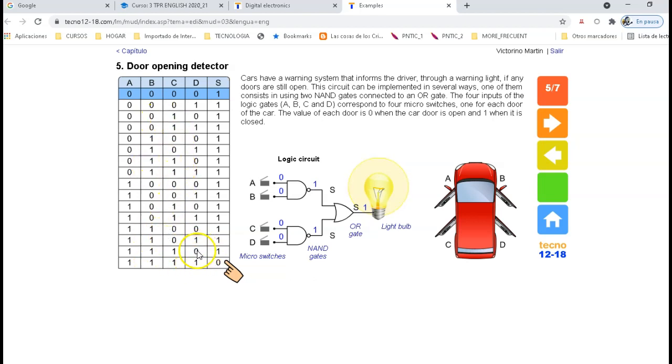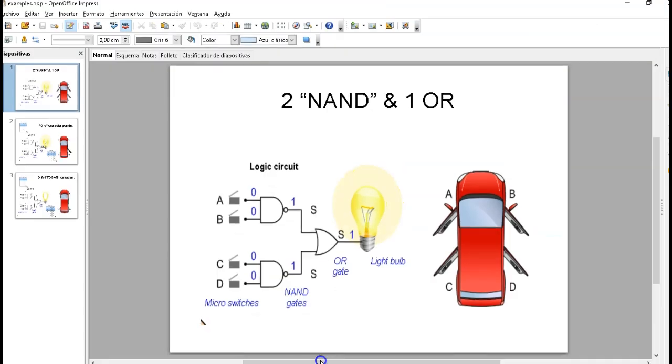I have 1 door open, I have 2 different doors open. So I have 16 different cases. If I have 4 doors, I have 16 different cases, but the alarm is off just in the case all the gates are closed. Okay, let's see this in detail.